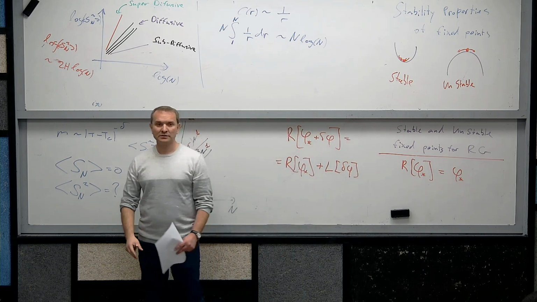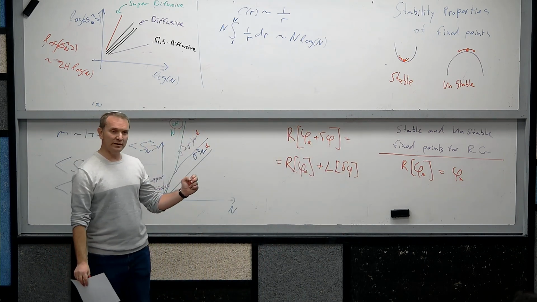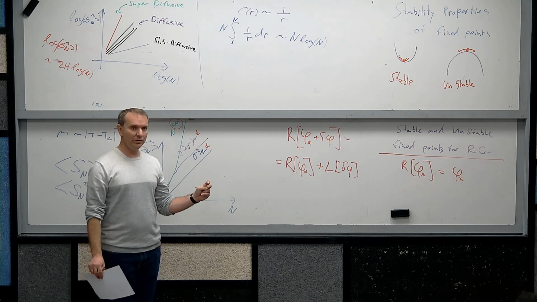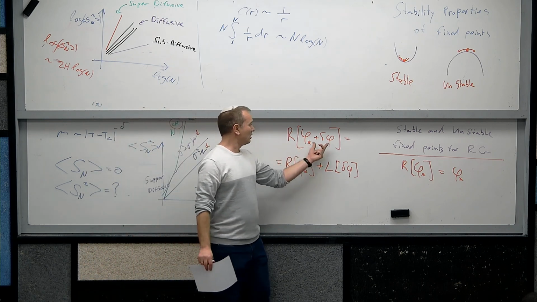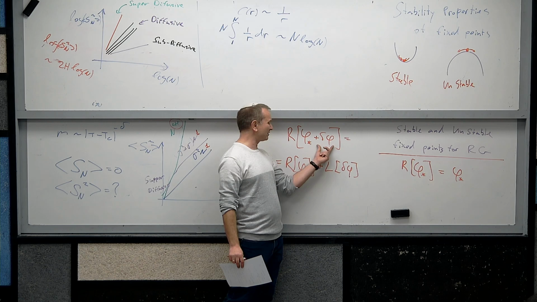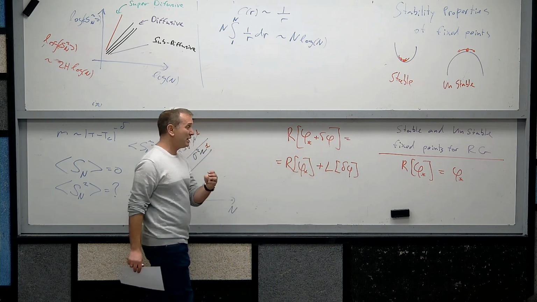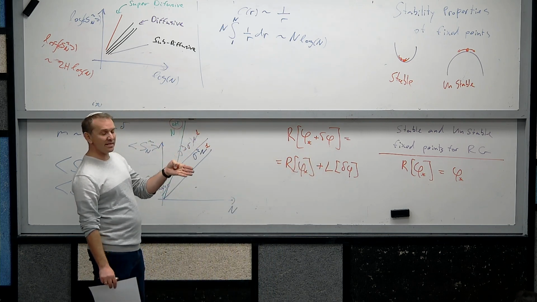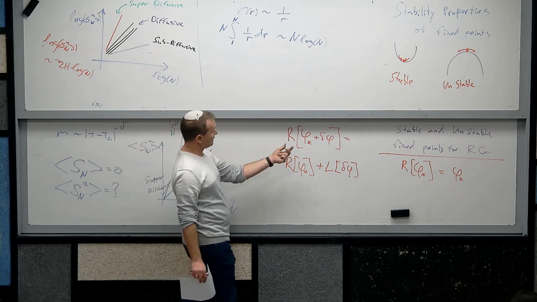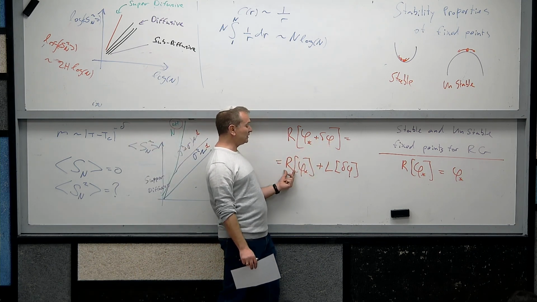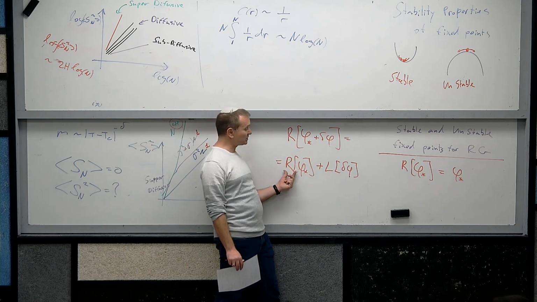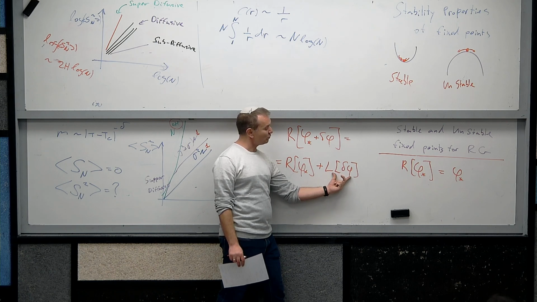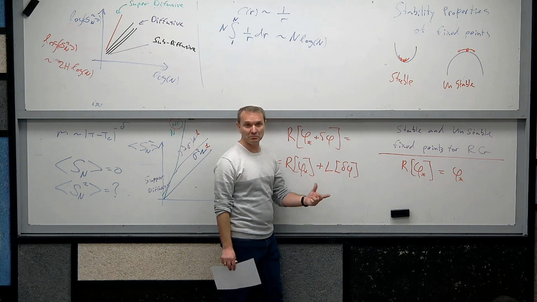The idea is if you're near a fixed point, and you expand your function in some small parameter, when you apply the renormalization group step, this is also going to be something linear in delta phi. That's it.